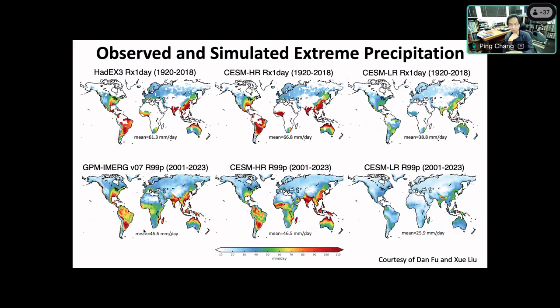It holds up. The top panel shows the RX1day, the station-based data, and the bottom is showing the satellite data. Again, the high resolution model is doing much better than the low resolution model. But we have not looked at a particular station's data and compared it with the model yet.